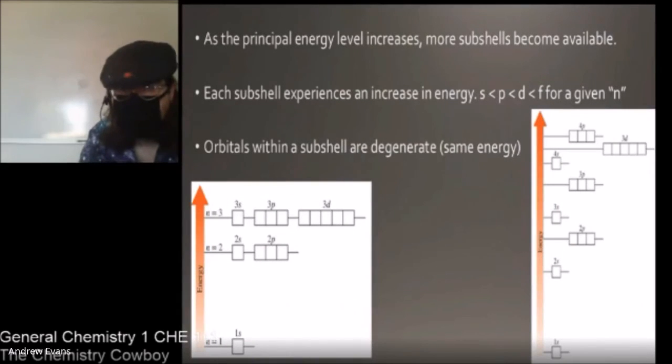Now, what happens here? As the principal energy level increases, as the row goes up, more subshells become possible.